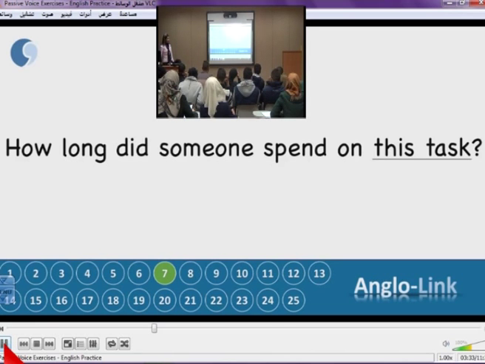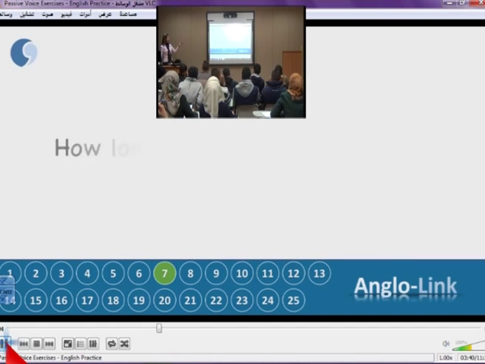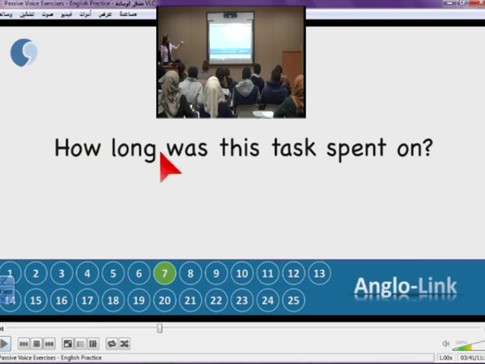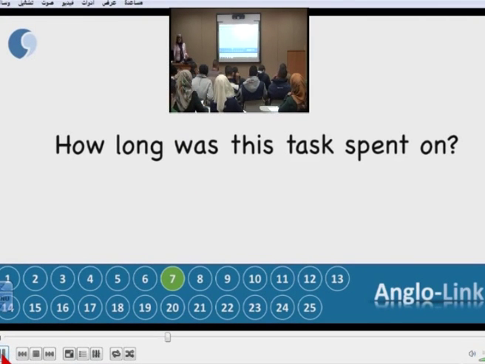How long was this task spent on? Because it's a question and it starts with how long, and because it's past, you used was. Spend, spent, spent. Was this task spent on?